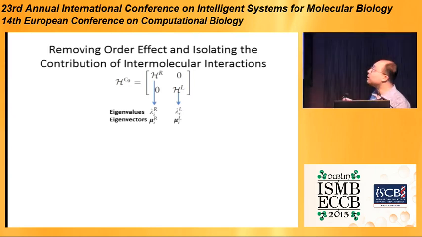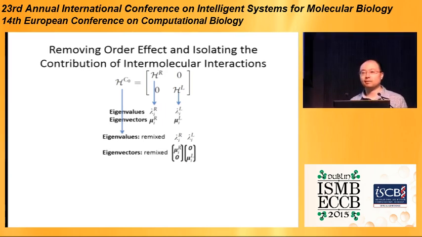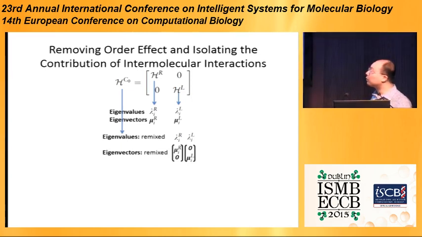But then you ask what the eigenvalues and eigenvectors of this big matrix look like. It turns out that it's just the mixed eigenvalues from the two individual block matrices, and the eigenvectors are just remixed by augmenting the other dimensions. So it's like remixing two songs. In other words, it's entirely possible that sometimes the top modes of this complex-derived Hessian can be dominated by either the receptor or the ligand.